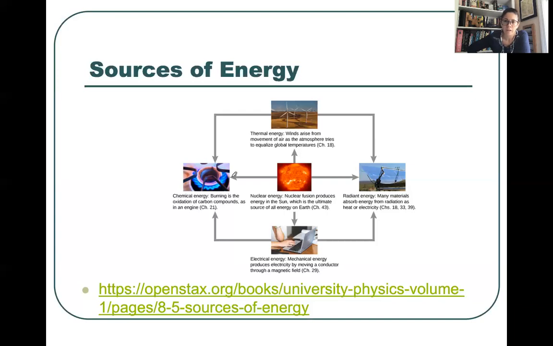So all of these reactions, if you've taken a chemistry class, all of these also connect back to electrical energy. And so we can take radiant energy and convert that to electrical. We can take that mechanical energy from those windmills and convert that to electrical energy.